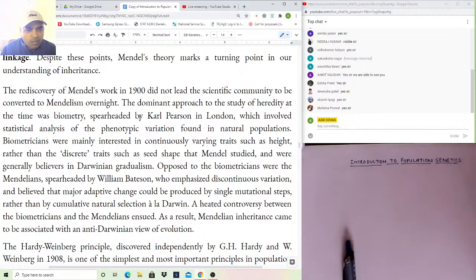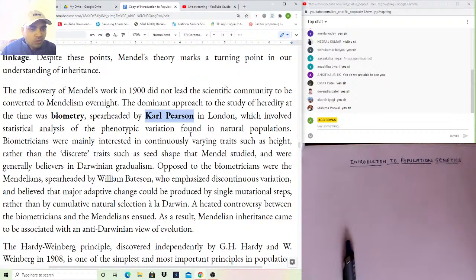Now, the dominant approach to the study of heredity at that time was actually biometry, and it was spearheaded by Karl Pearson in London. It is the same person who discovered the Pearson coefficient of correlation.